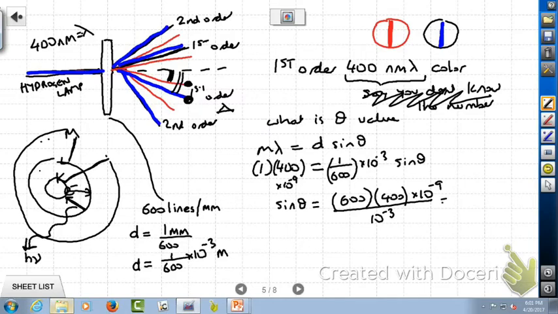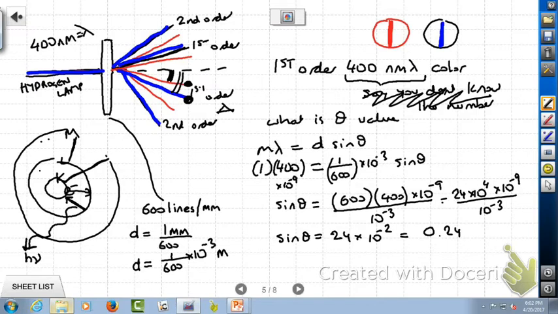which equals 24 times 10 to the 4 times 10 to the minus 9 over 10 to the minus 3. So sine theta is equal to 24 times 10 to the minus 9, take that 3 to the top, minus 6, minus 2, which equals 0.24.